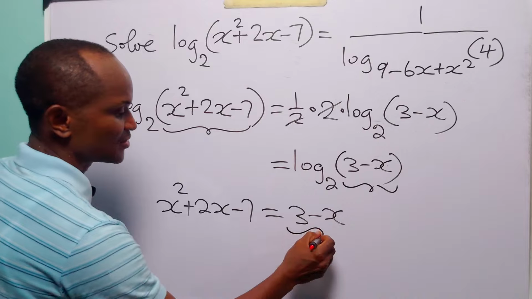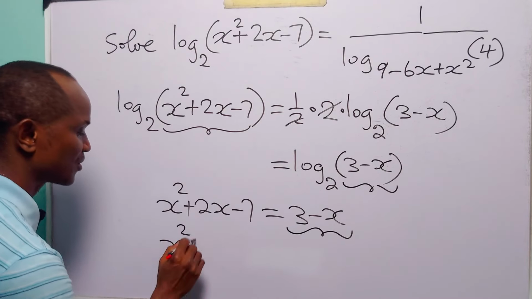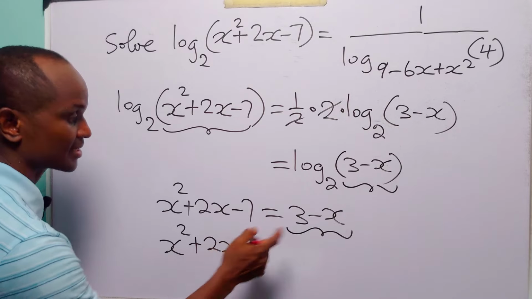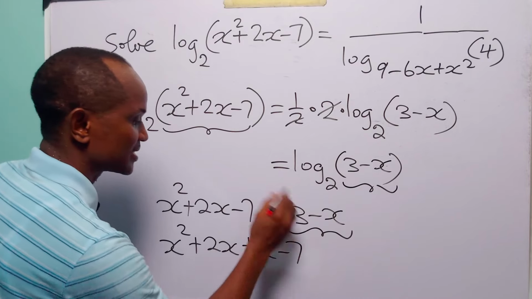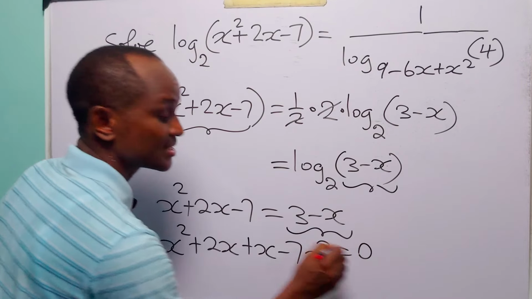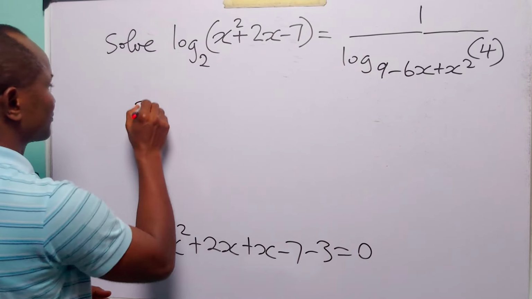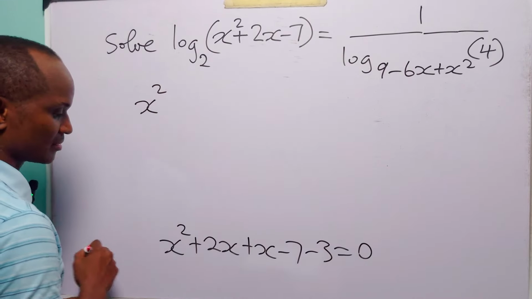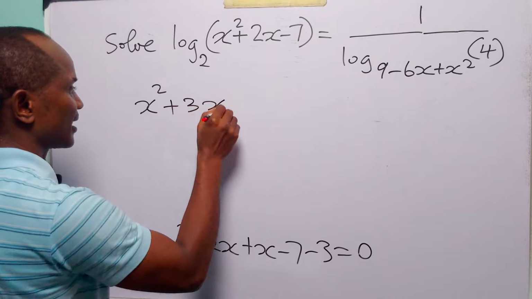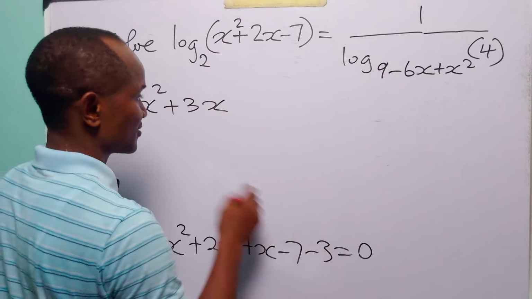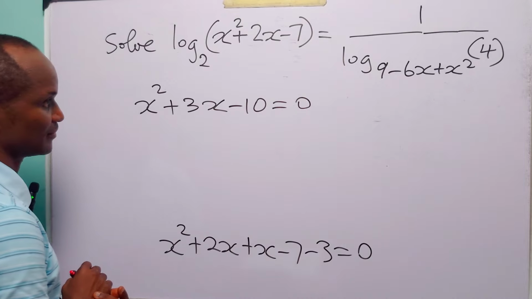Now, when we move these two terms over to the left-hand side, we have x squared plus 2x plus x minus 7 minus 3 is equal to 0. And of course, from here we have x squared, 2x plus x is equal to 3x. And minus 7 minus 3 is equal to minus 10. And this is equal to 0.